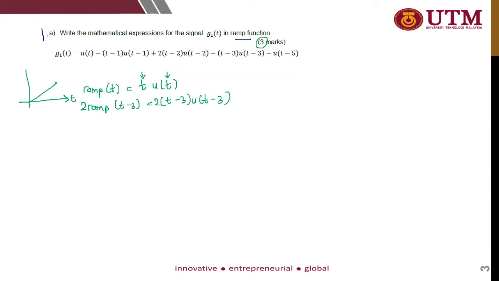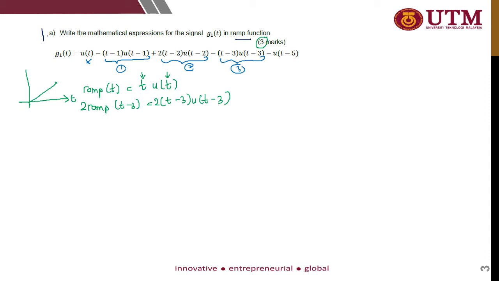The one that has t in front of the u is the ramp function. You still need to include the others in the equation so that it gives you the complete signal. So this is the first ramp, you have t, then the second one here, then the third one, and lastly there's no t in front of the u, so it is not a ramp function.